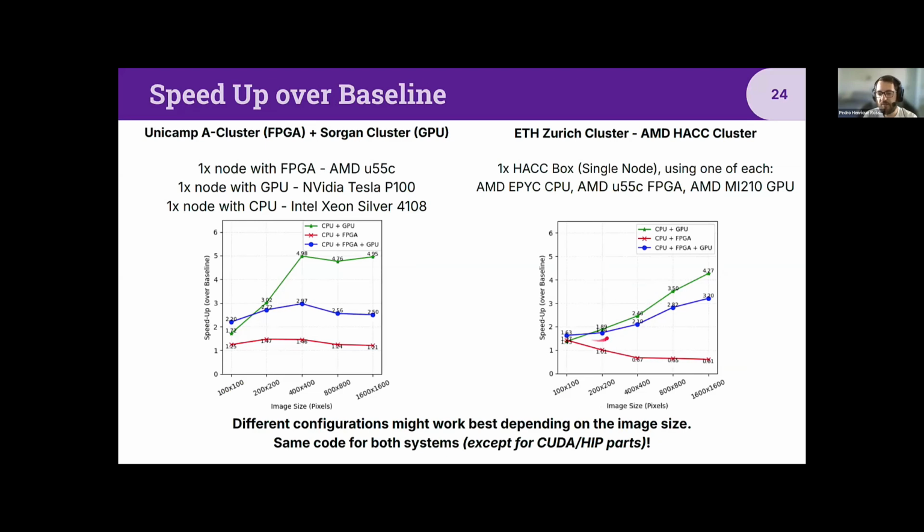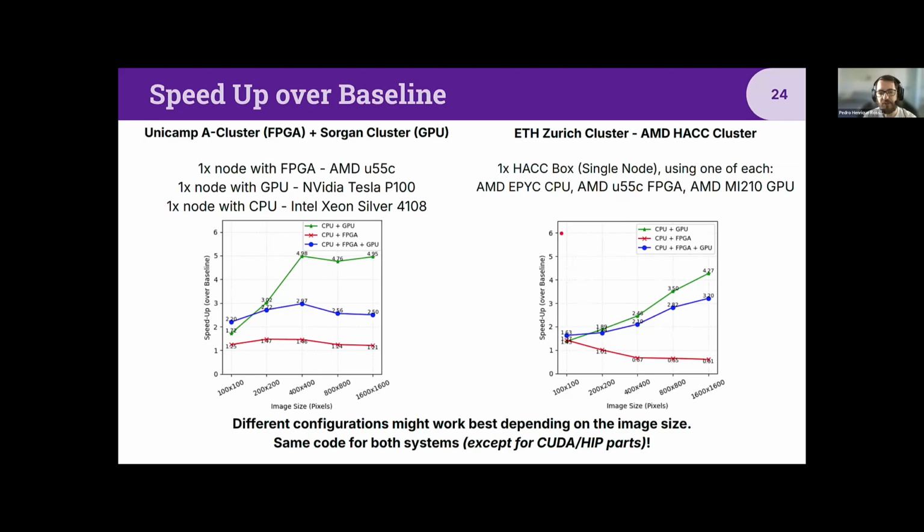We can see that, for example, for a bigger image, CPU plus GPU is the way to go, but for a small image, maybe CPU plus FPGA plus GPU is the way to go. So this is a very simple way to test different scenarios that the framework brings. And another thing is that the same code we execute in the Unicamp cluster, we execute here. The only thing that changed is that we have CUDA for the GPUs here, and we have HIP for the GPUs here.